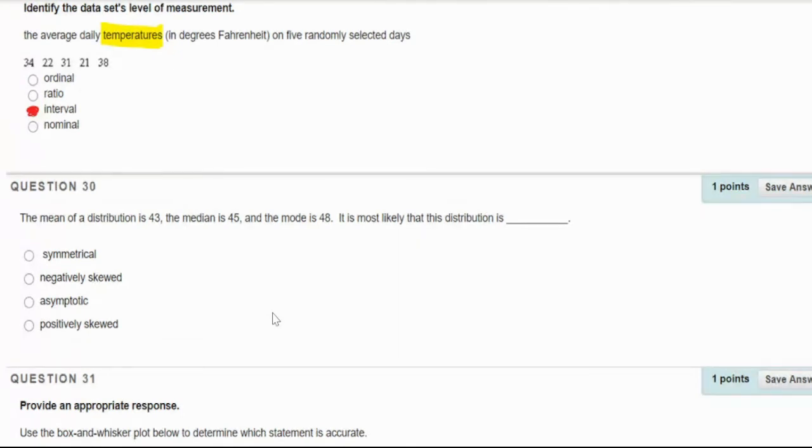Now they give you a mean. Okay, so do this. A question like this, they give you the mean, the median and the mode. We have 43 as the mean, 45 as the median, and then 48 as the mode.